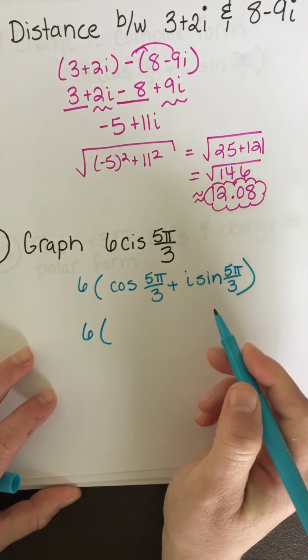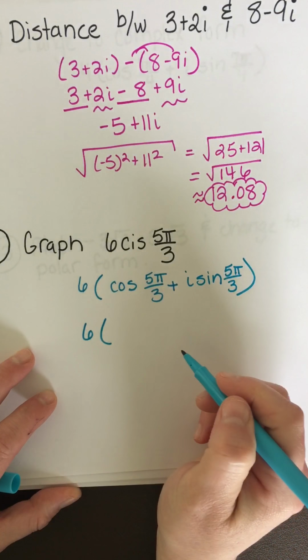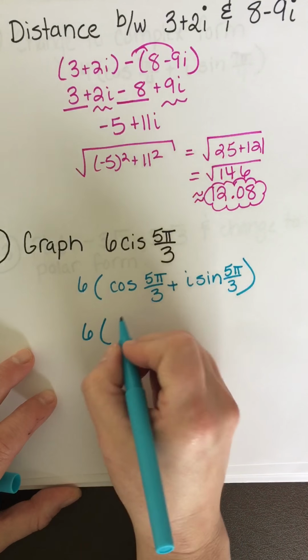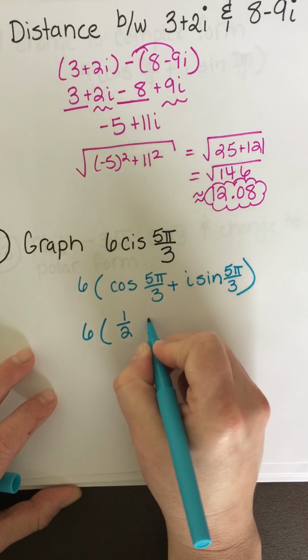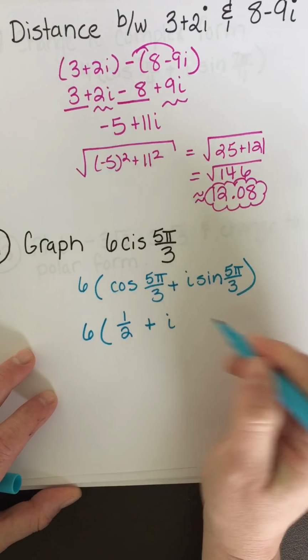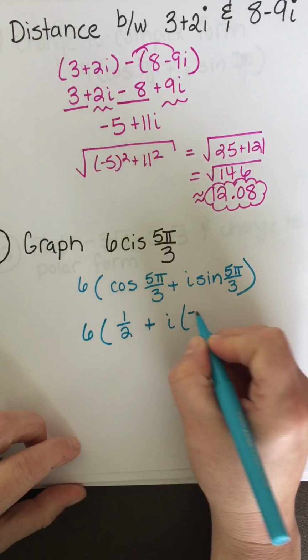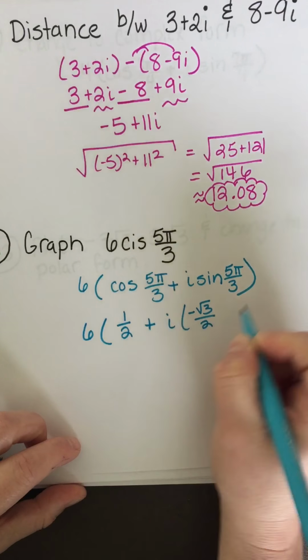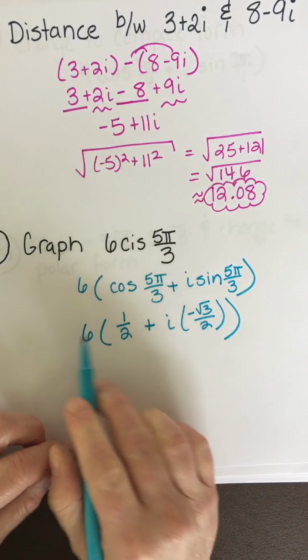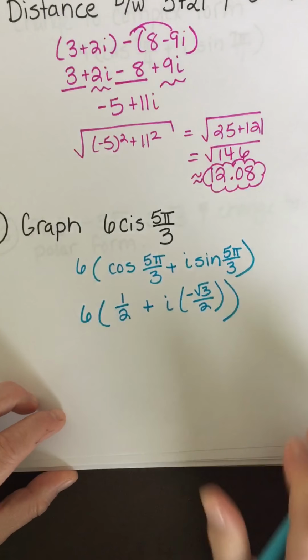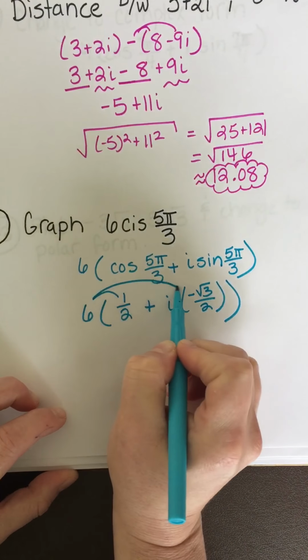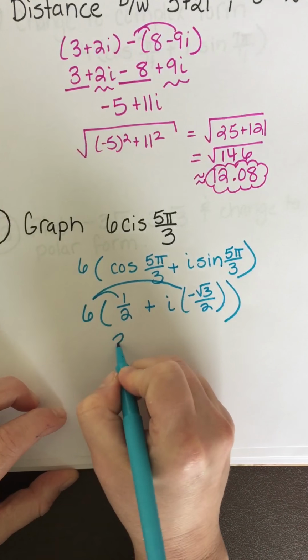So the cosine of 5 pi over 3 would be a half. And then the sine of 5 pi over 3, that would be negative the square root of 3 over 2. And then I'm going to distribute that 6. A half of 6 is 3.